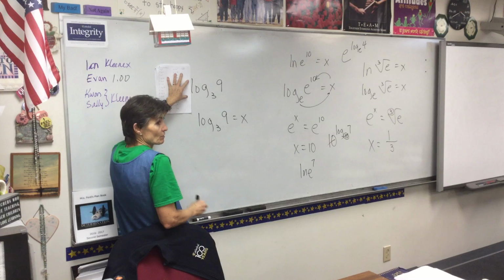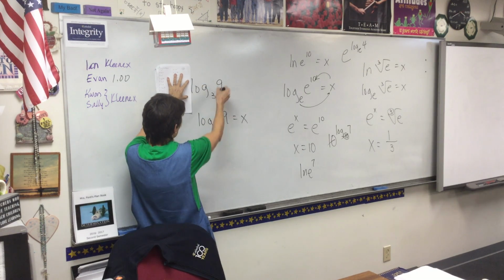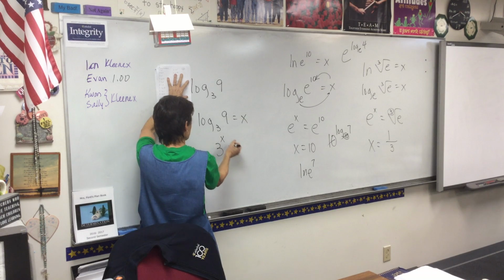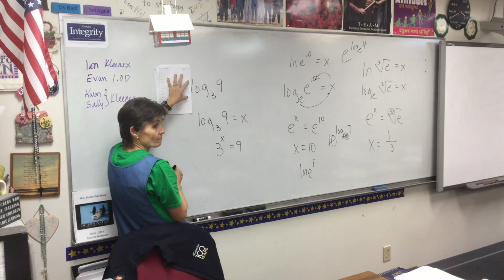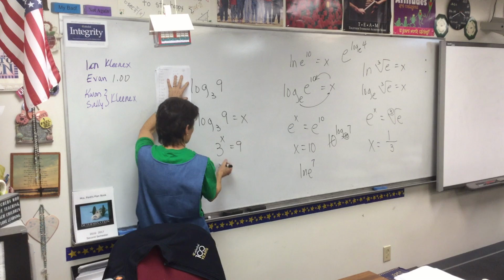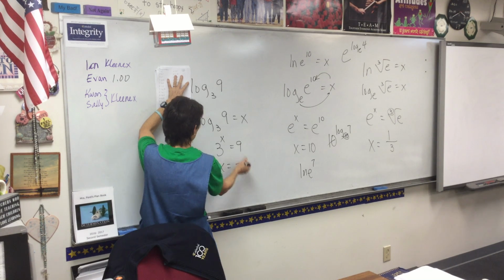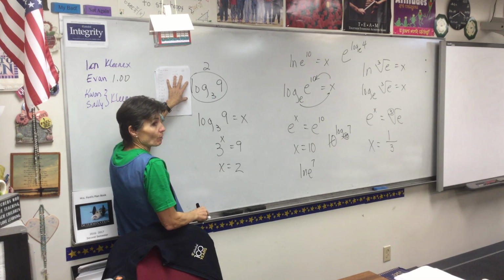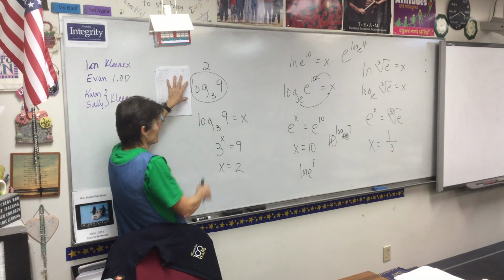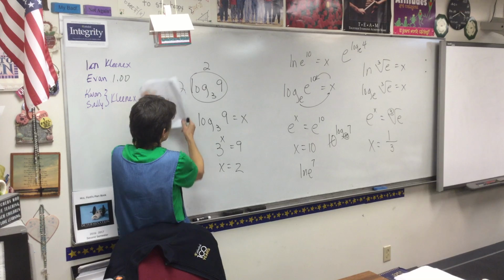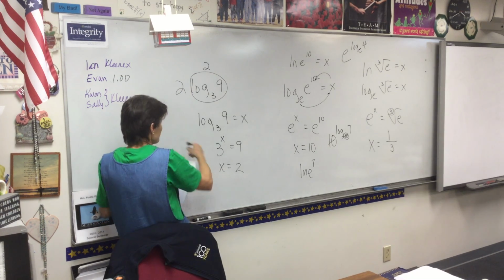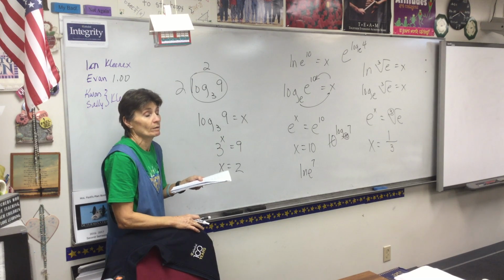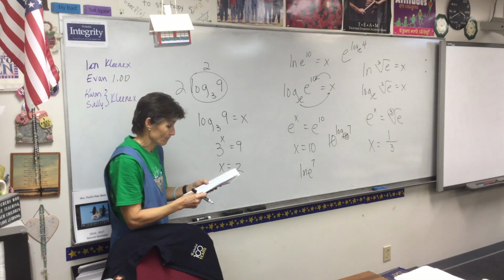You know how to figure that out. This part right here, you know. This says 3 to the x equals 9. So x would equal 2. So this part of the problem you can figure out equals 2. So then you multiply that by 2. So the answer to number 20 is 4. 2 times 2.